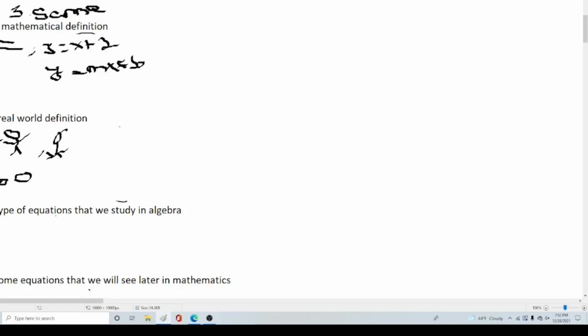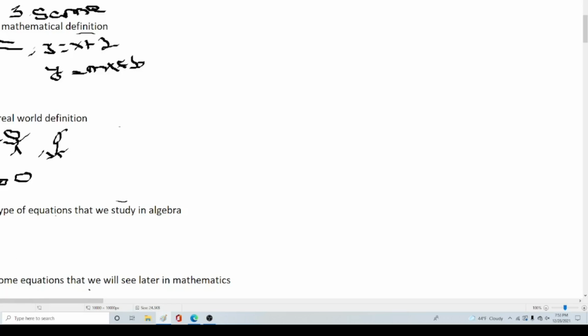Through this, hopefully you get a sense of an equation. Instead of thinking of it as something we're trying to find an answer to, we're just trying to say something is equal to another. There's plenty of equations that we talk about in algebra, but there's 2 big branches.